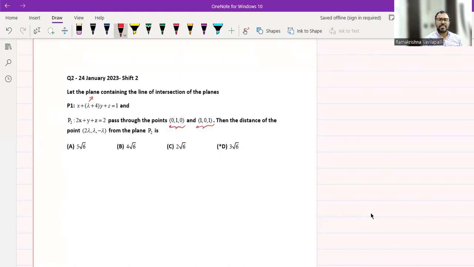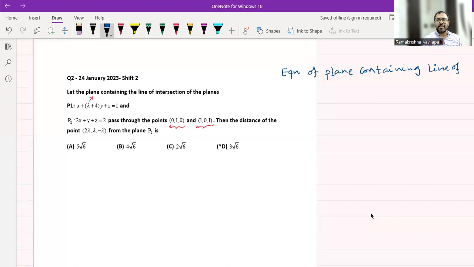So what is the equation of plane containing P1 and P2? Equation of plane containing line of intersection of P1 and P2.